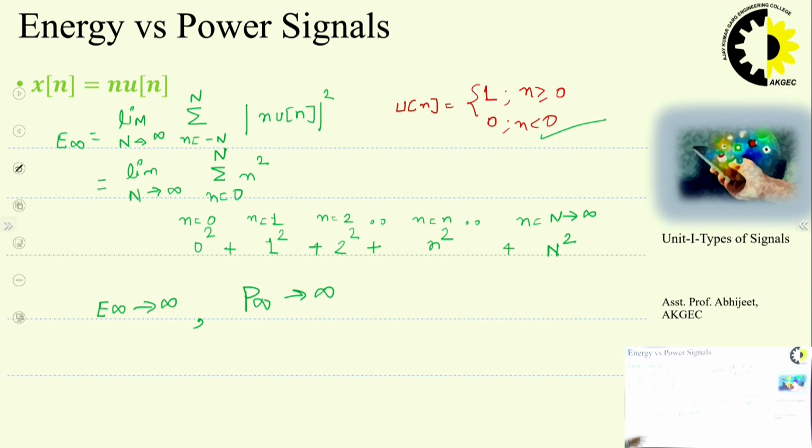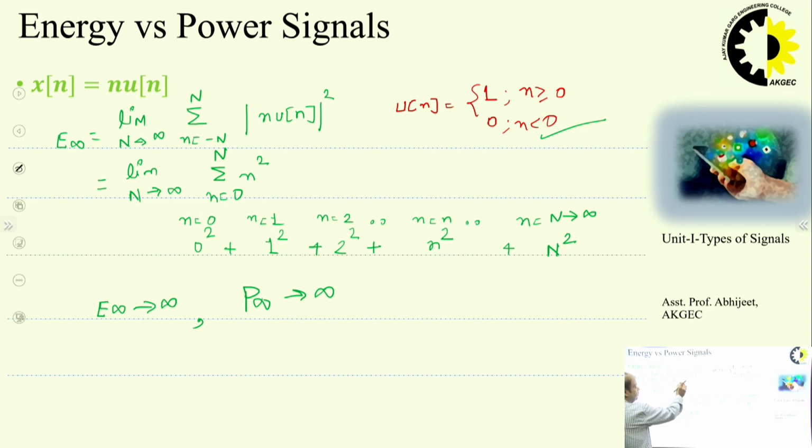The third is similar to what we used before. This is n u[n], and if we evaluate both quantities, it becomes n square, and the summation of n square from 0 to n, as n tends to infinity.